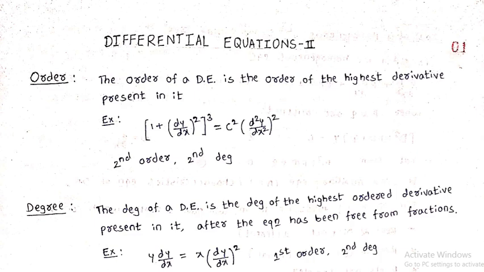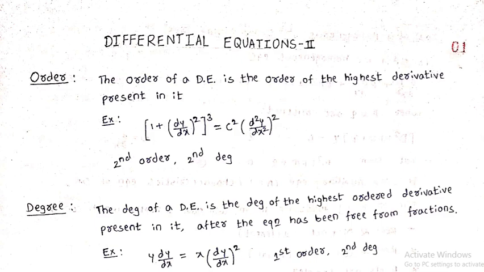If you observe, on the left-hand side there is dy/dx, and on the right-hand side there is d^2y/dx^2. So the left-hand side is first order and the right-hand side is second order. The highest order is 2, so we say that the order of the differential equation is 2.